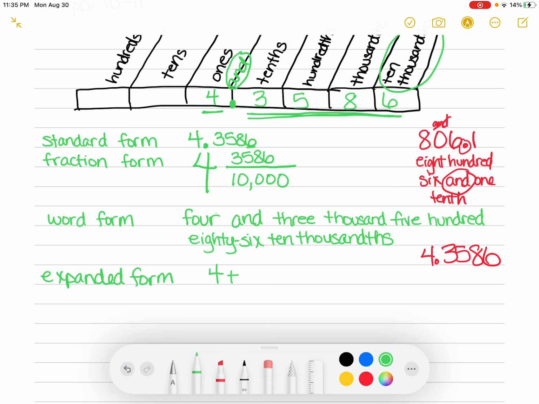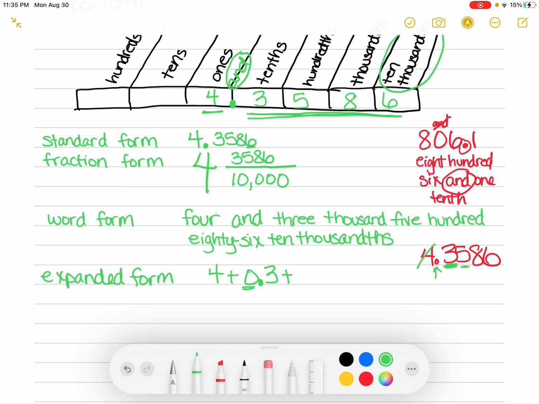So now that I'm doing the 3, I'm not going to write the 4 because I already did it, but I am always going to put the decimal point for anything after it. So I'm going to have plus 0.3. Now, instead of that 4, I can put a 0 there. You always want that 0 in front of your decimal point anytime you don't have a number in front of there, because it helps to see the decimal point.